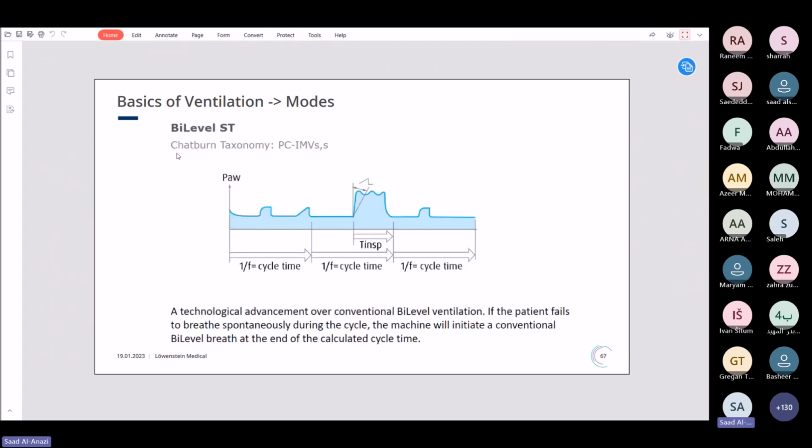We also have the bi-level spontaneous timed. It's different from the bi-level. Why? What is the difference? Because we have the technology advancement over conventional bi-level. If the patient fails to breathe spontaneously during the cycle time of breathing, the machine will initiate a conventional bi-level breath at the end of the calculated cycle time.